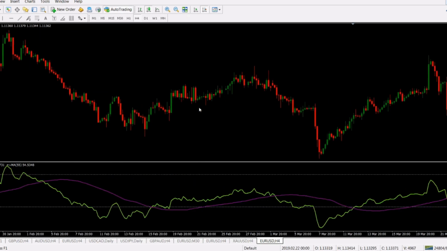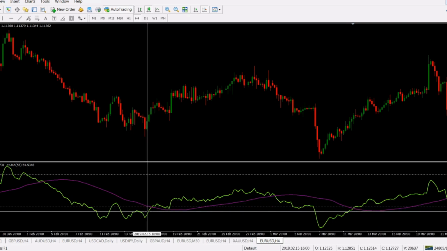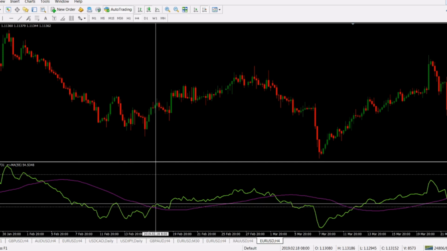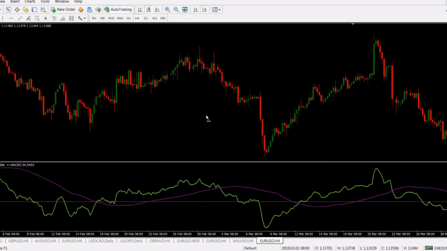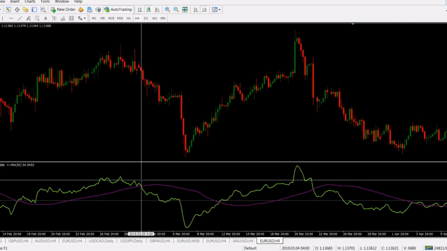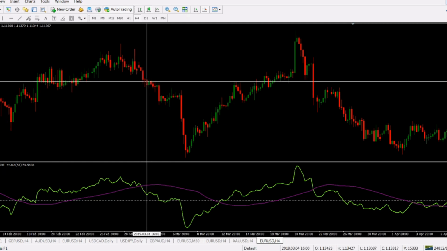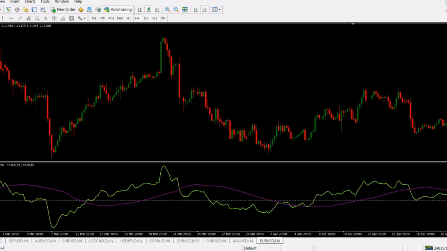The next one, as you can see, again the indicator crossed above the moving average. We put a 50 pips stop loss, take profit about 100. The same story is further down. So this is the tip for you guys. Just use a 50 pips stop loss, take profit 150, and so on.